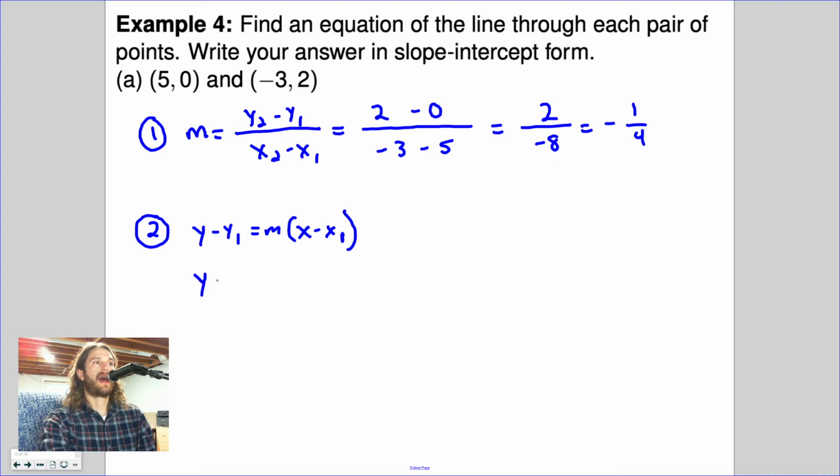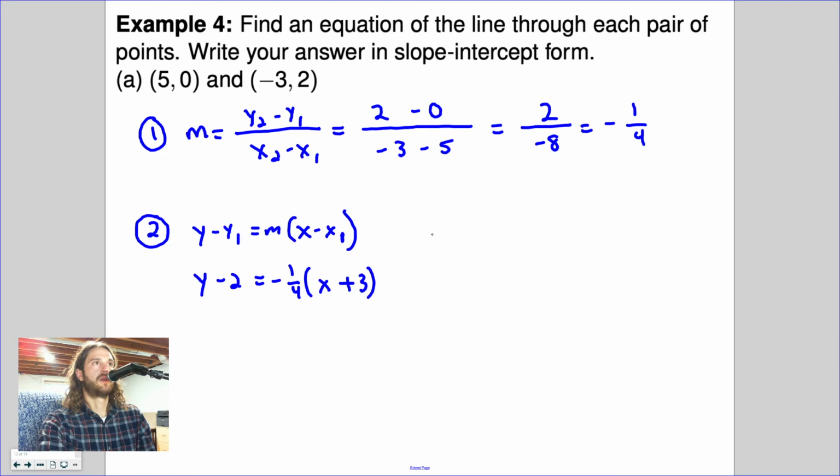So we're going to do y minus 2 equals, we're going to use that second point, and you'll see why this one might be slightly problematic in just a second, but it's not too bad. Either one works. X minus, so it'll be x plus 3 because we're subtracting a negative 3 there.